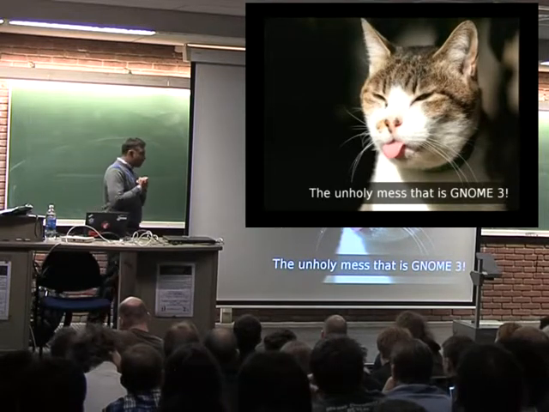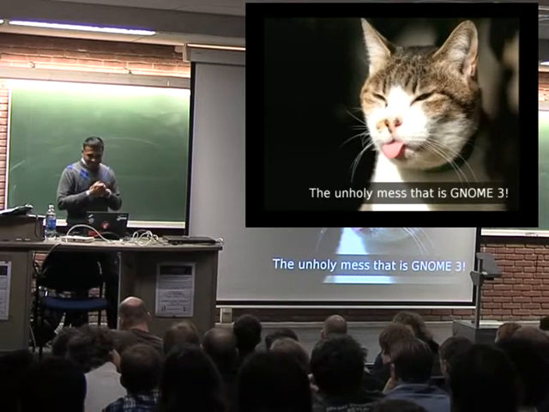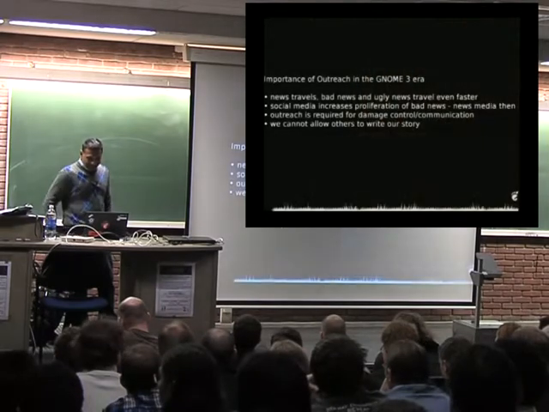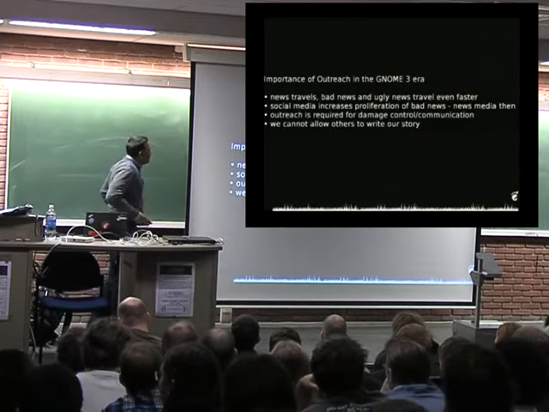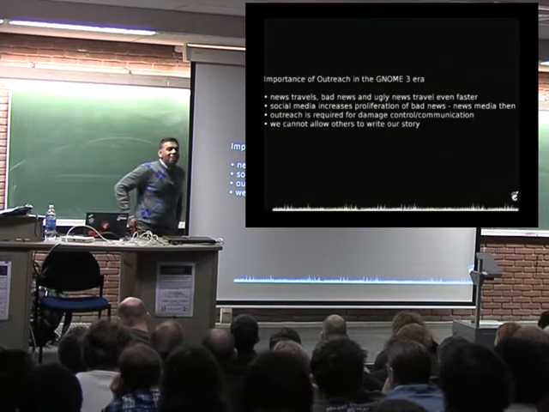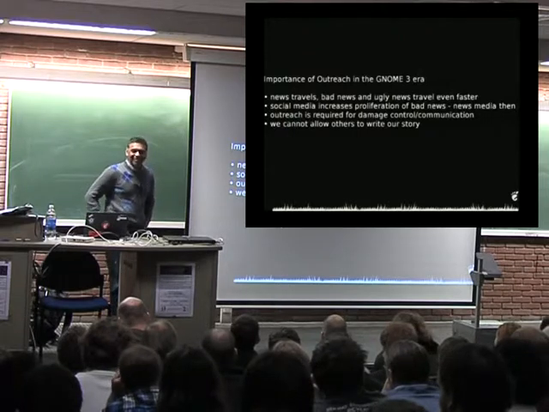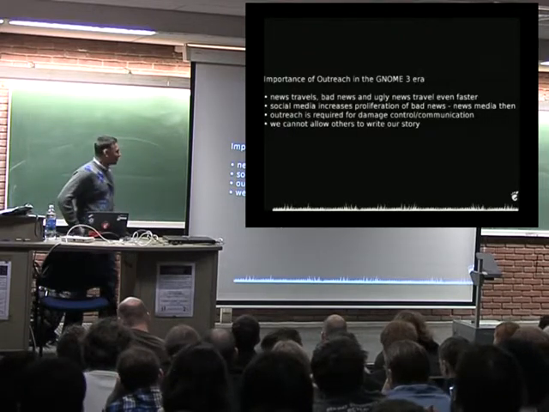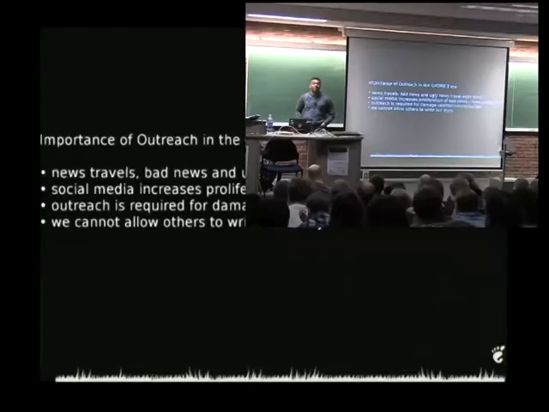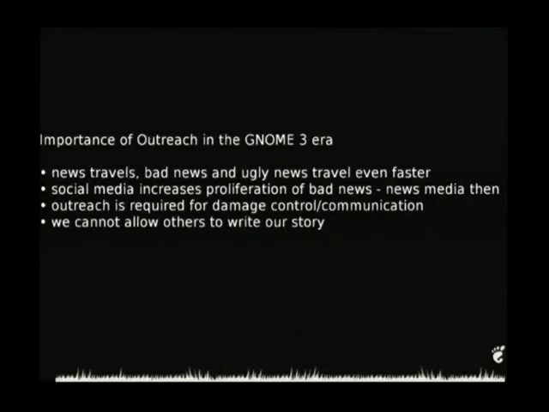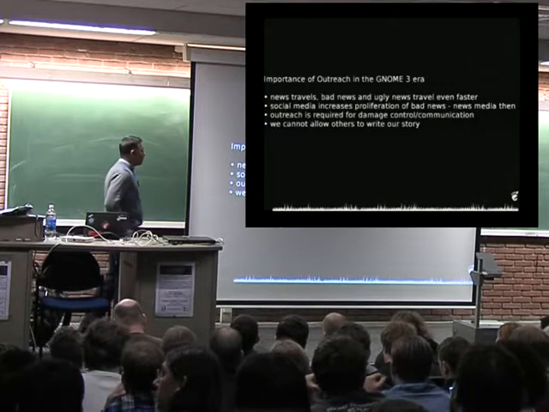We had a problem with messaging. News travels. Bad news and ugly news travel even faster. This is the age of Twitter, Facebook, Google Plus, and a bunch of other stuff.